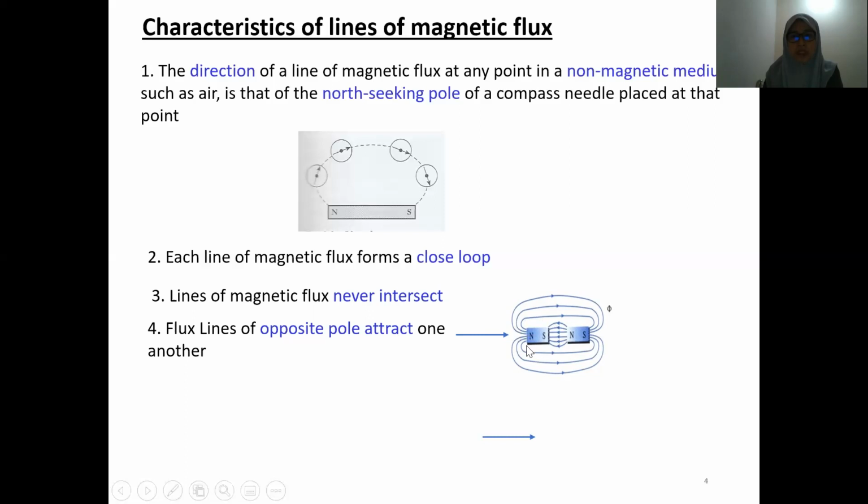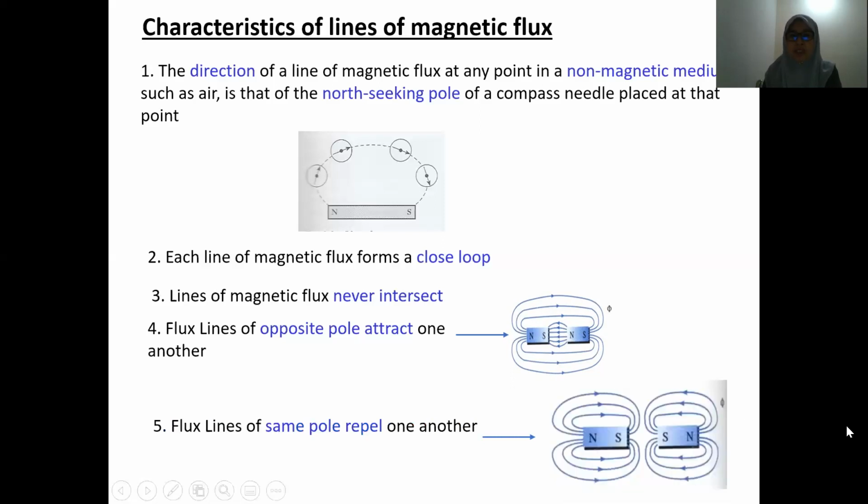If you put two magnets in series, with the north and south of the first and second magnets nearer to each other, you can see here that the opposite south and north poles attract the flux of the opposite direction; they attract one another.